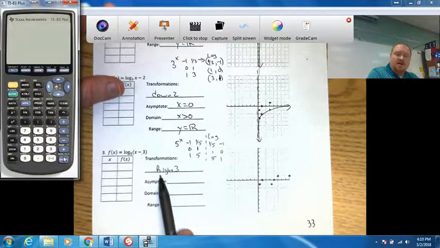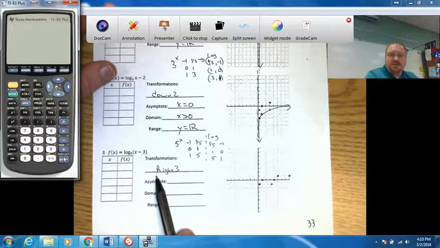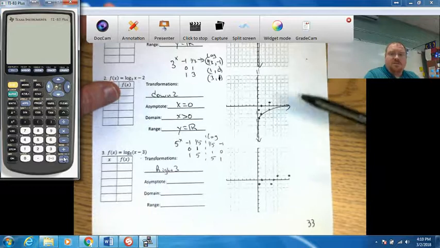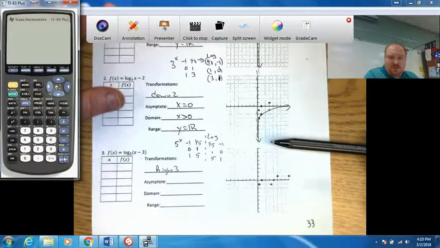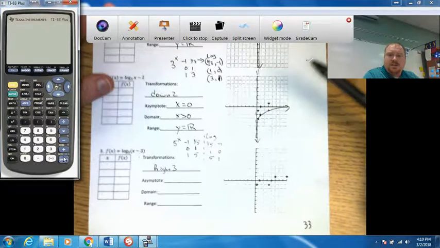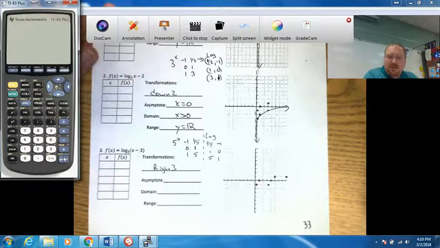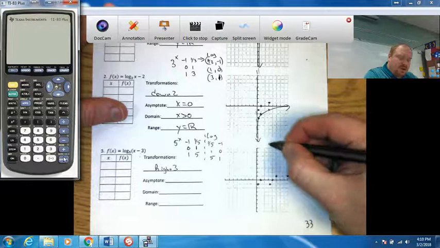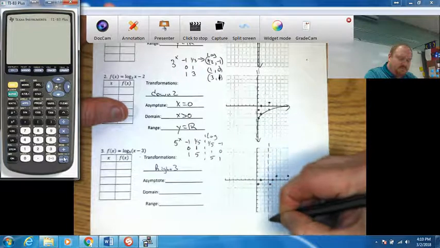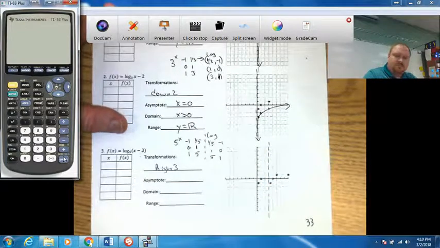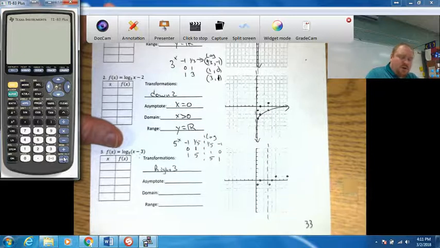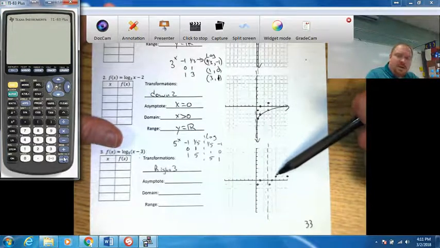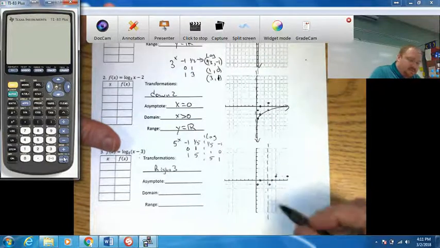Now, before with exponentials, the asymptote followed any vertical shifts. But with logs, the asymptote follows the horizontal shifts. So the asymptote was also moved right 3. So I'm going to draw that in right now. So I'm going to connect the points. This point right here was part of the original, so I'm not going to include that. I'm going to try to stay under it.